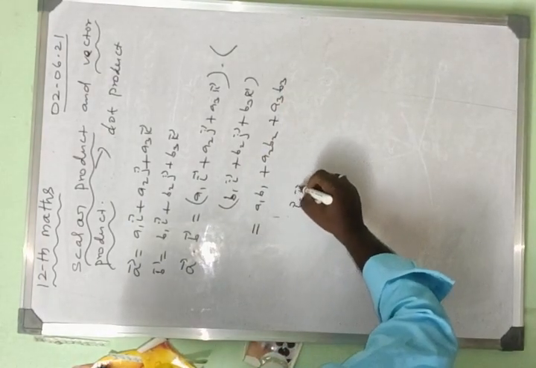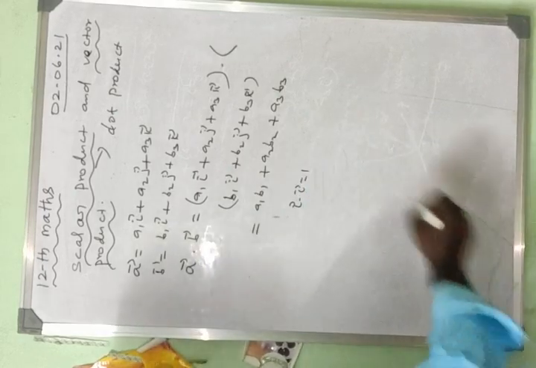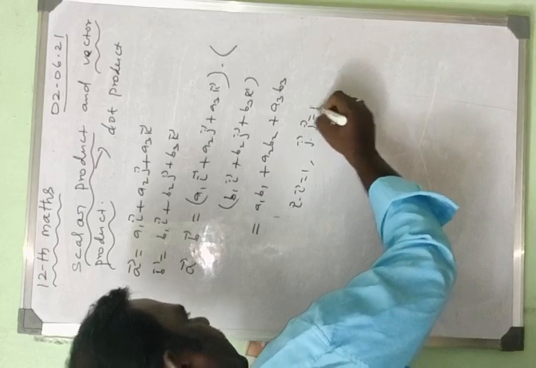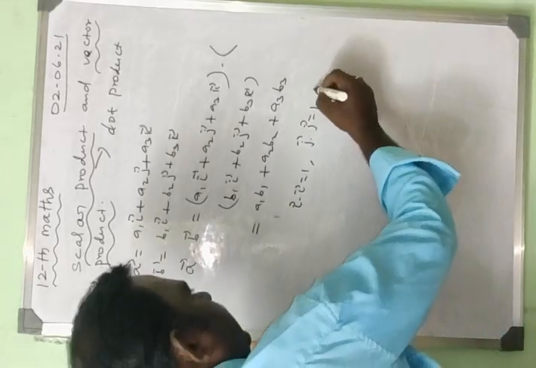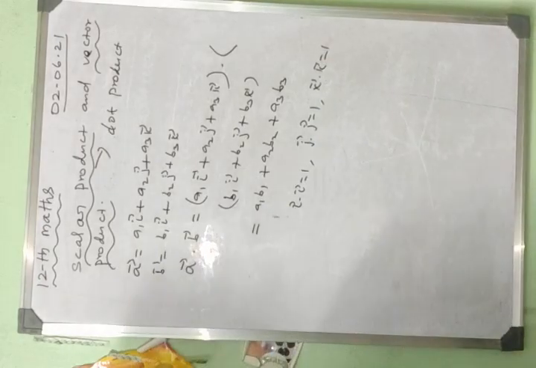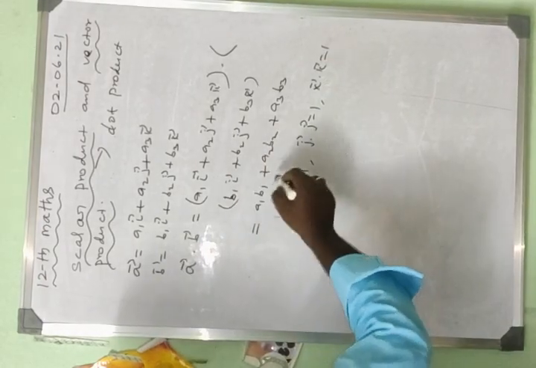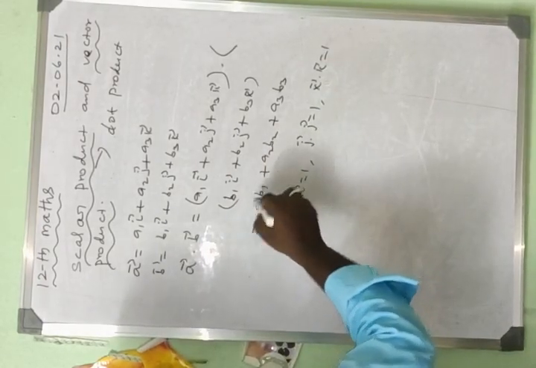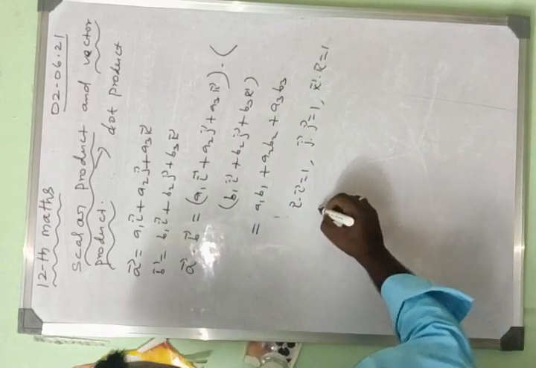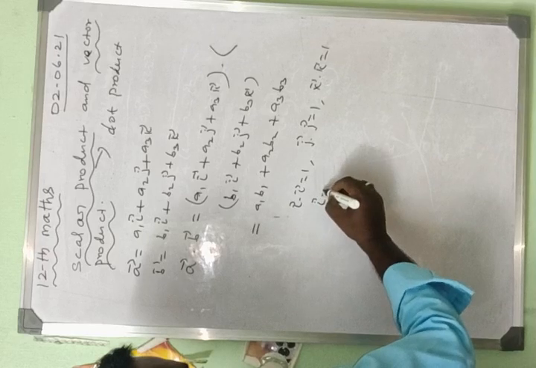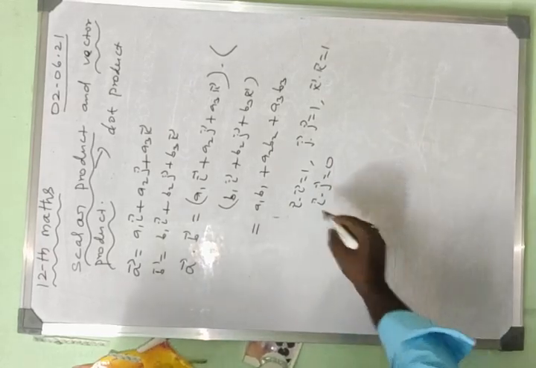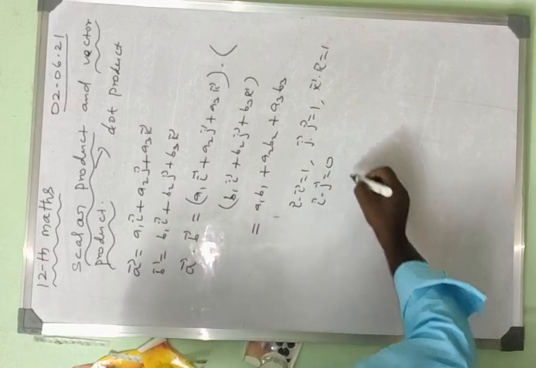Vector i dot vector i, we get 1. Vector j dot vector j, we get 1. Vector k dot vector k, we get 1. So 1 into this value multiplied means this one is coming. Vector i dot vector j, opposite vectors, we get 0.